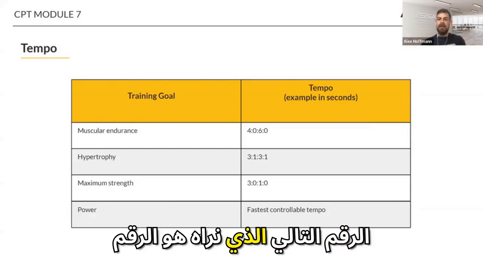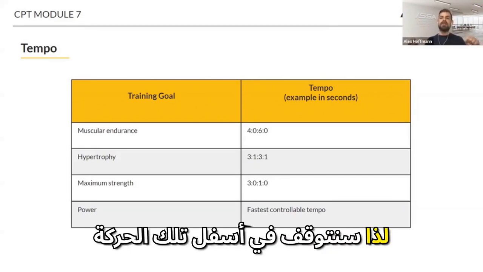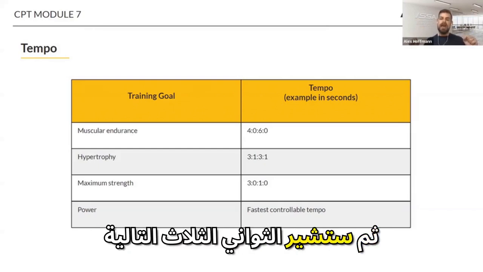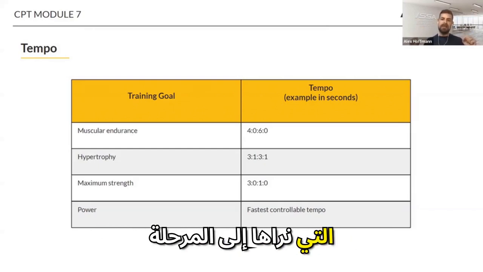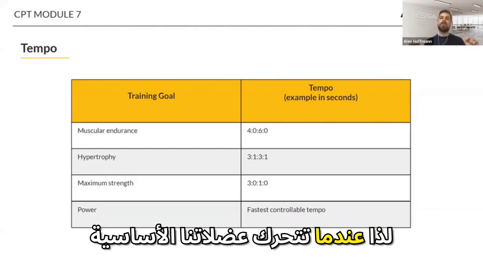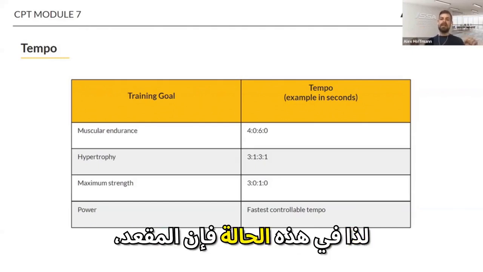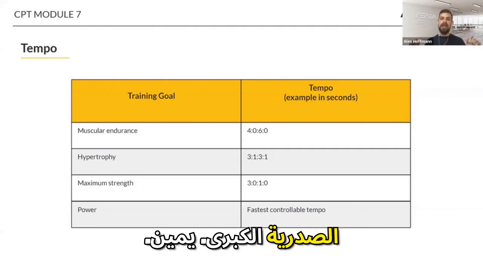The next number that we see is a 1. That refers to the isometric hold at the bottom of the movement, so we're going to pause at the bottom of that movement for 1 second. And then that next 3 seconds is going to refer to the concentric phase of the movement, when our primary movers during the exercise are contracting. In this case, the bench press is going to be our pectoralis major, right?